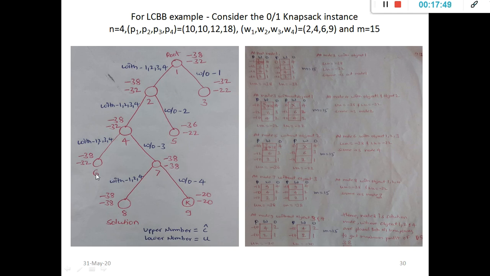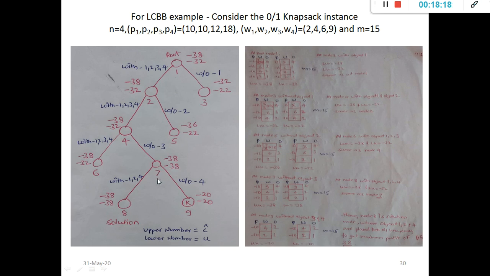That's why you simply discard node 6 and further expand node 7, once with object 4 and once without object 4, as shown in this stage 3. By comparing nodes 6 and 7, minus 32 with minus 38, you realize that node 7 is the minimized node and it should be further expanded. It is called the expansion node.